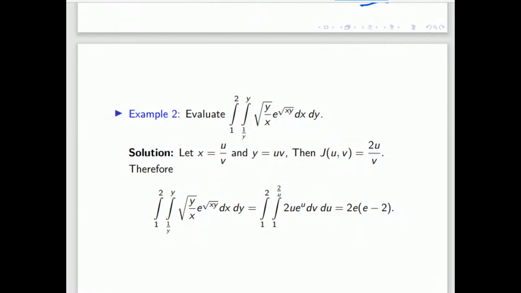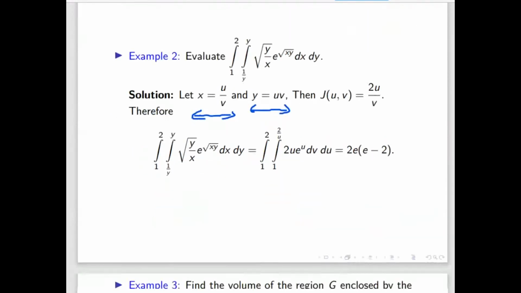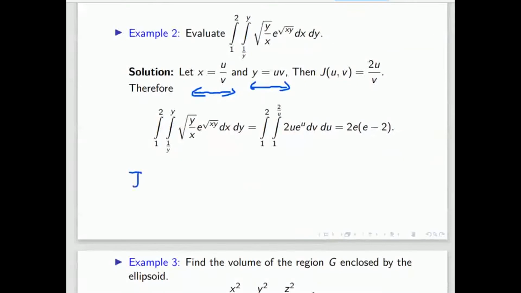So in this question, x equal to u by v and y equal to uv. So in order to change variable or substitution, we have to find the Jacobian first. So what is the Jacobian in this case? J will be del x upon del u, del x upon del v, then del y by del u, and then del y by del v.